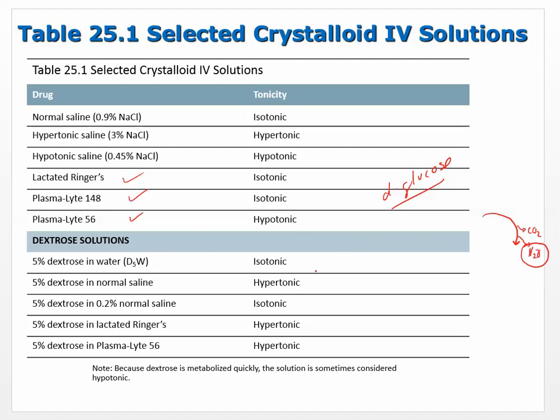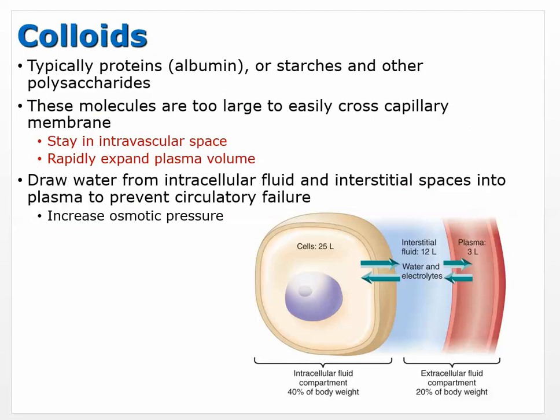It's sugar. It's a good way to make ATP for energy. So that's good too. And I have here a note, plus I wrote some stuff in the comments below. Because dextrose is metabolized quickly, the solution is sometimes considered hypotonic. So even though the actual particles in there are isotonic, it can be considered hypotonic. I wouldn't though.